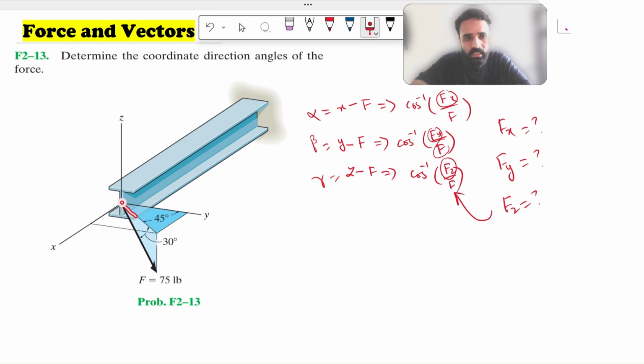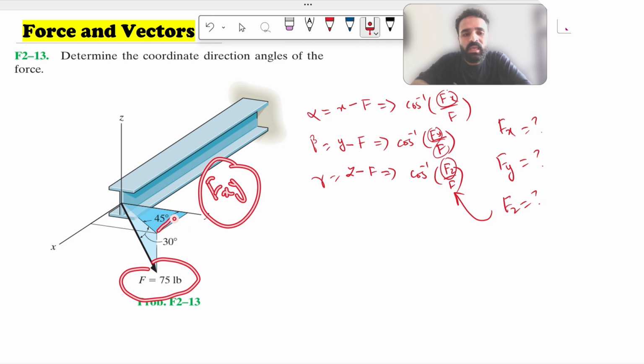Remember this: this side is the projection, or the shadow, of this force on the xy plane. And this is the component of this force along the z-axis. This side is parallel to the z-axis, so this will be Fz, and this is Fxy, the force component along the xy plane. From this Fxy, we can then use this triangle and determine Fx and Fy.